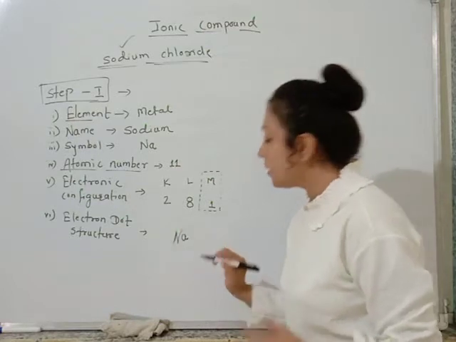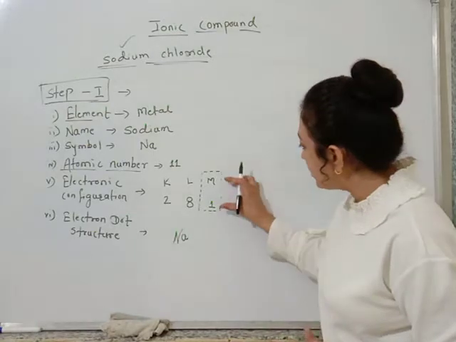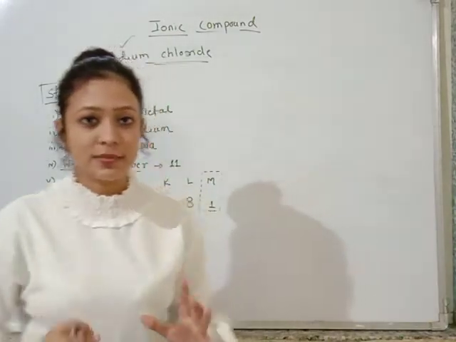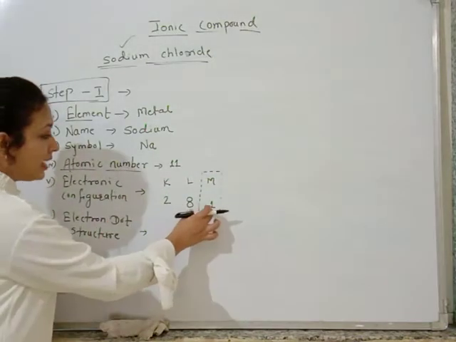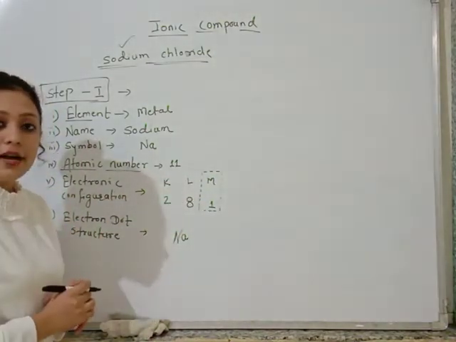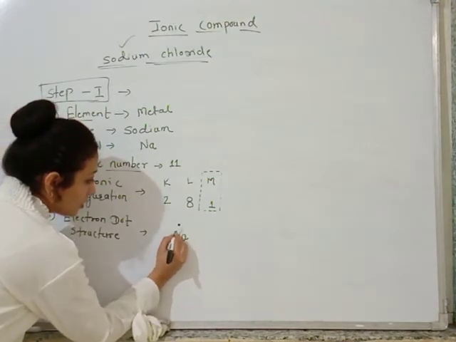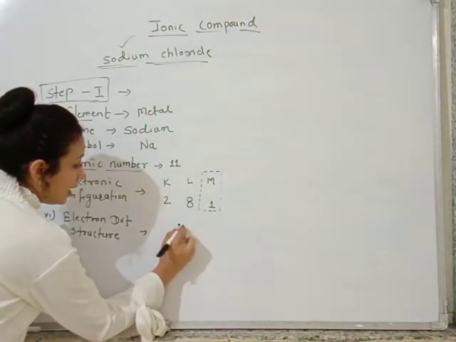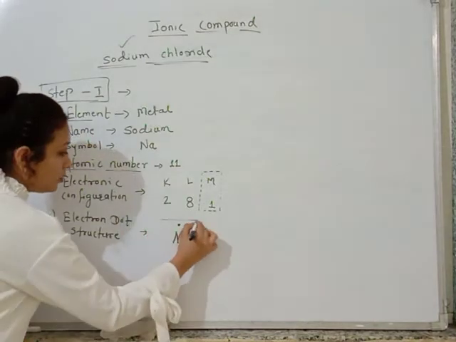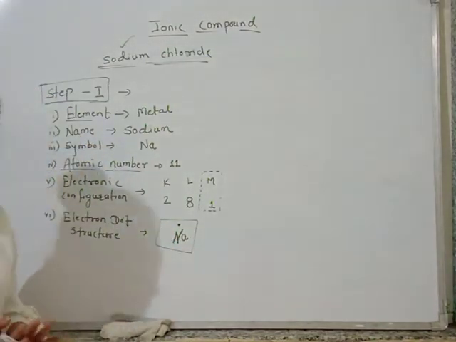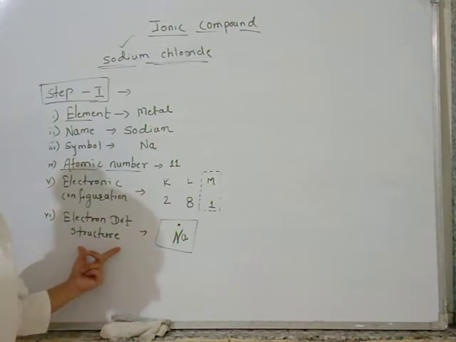And now we are going to write the valence electron. One valence electron is present in sodium, and that we will write with the symbol dot, like this: Na dot. And now we are going to make a bracket for this electron dot structure of sodium.